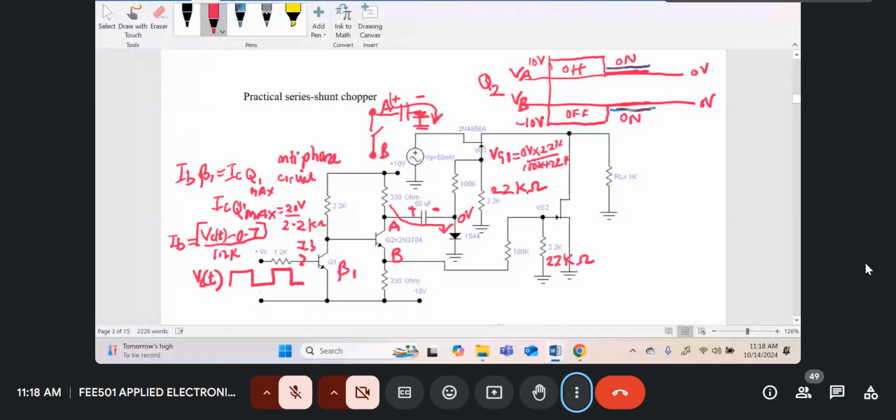And therefore the top transistor was on.